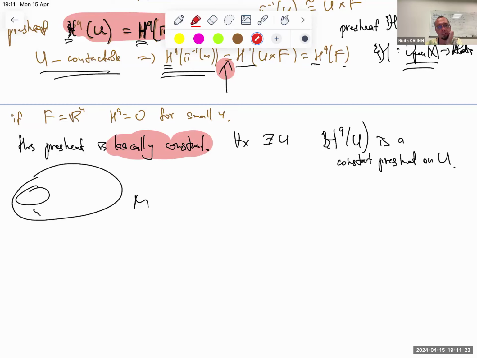So you mean that we consider a pre-sheaf which is locally constant? Is it true? So let me write here. Globally constant, yes.